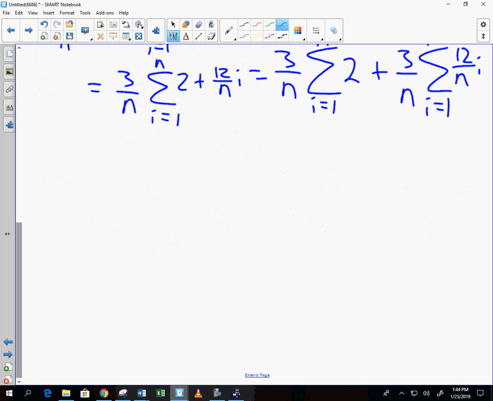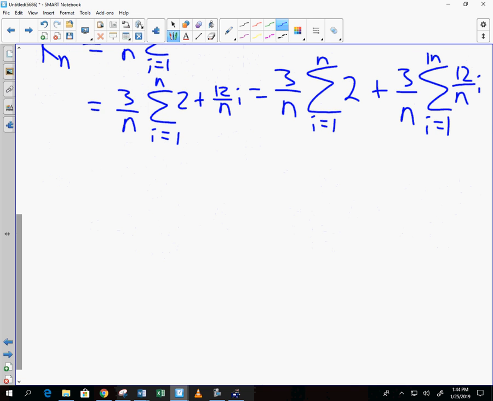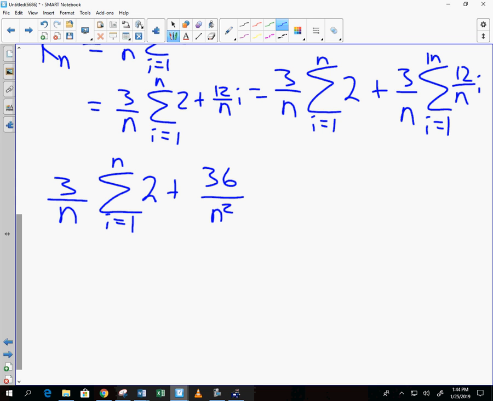So let's look at what you get. 3 over n times the sum from i equals 1 to n of 2 plus 36 over n squared times the sum from i equals 1 to n of i. And now we did some substitutions.